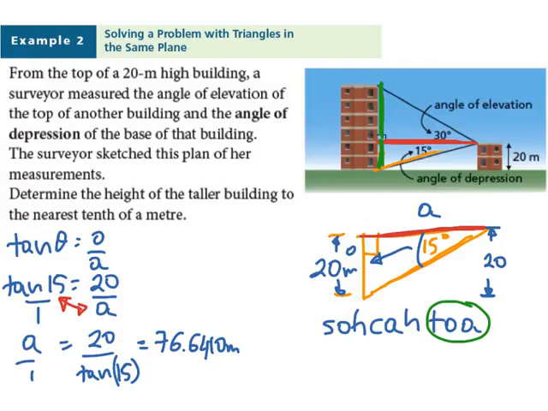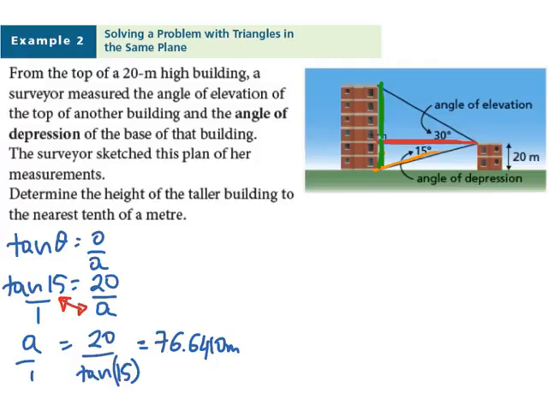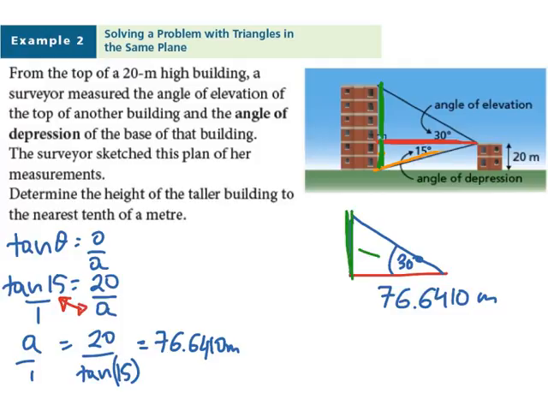So I'm going to redraw the larger second triangle, and we know that the bottom one is 76.6410 meters. We also know that it's 30 degrees, and now we're looking to find the opposite side of this triangle, while the side that we found was the adjacent side.